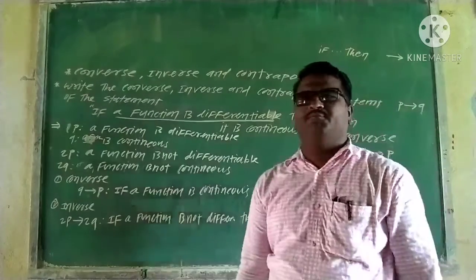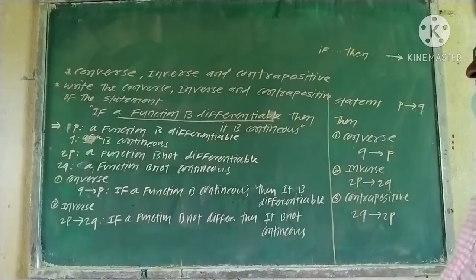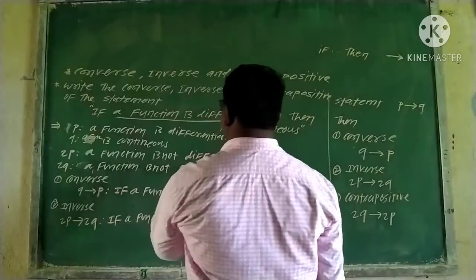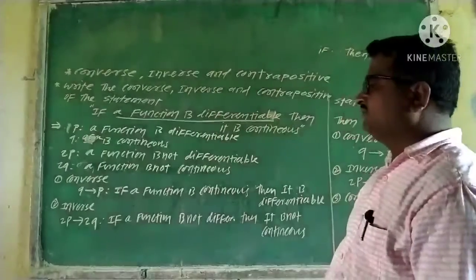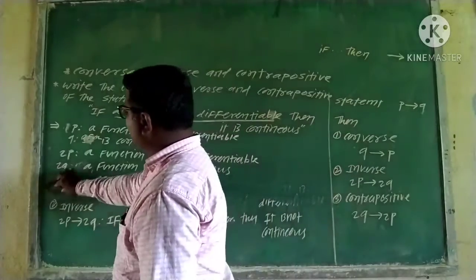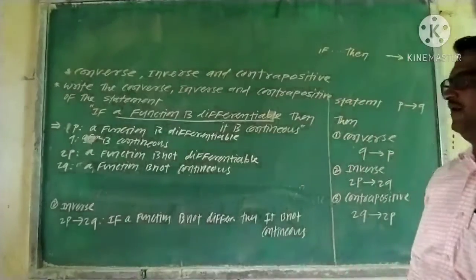First statement negation P, after "if", the negation P statement is: a function is not differentiable. Then after that we can write the statement negation Q. It is not continuous. Next we can write here the contrapositive.